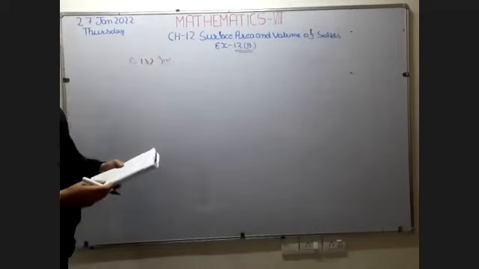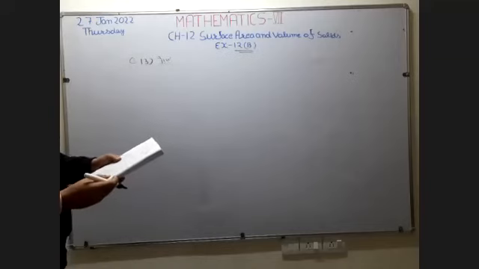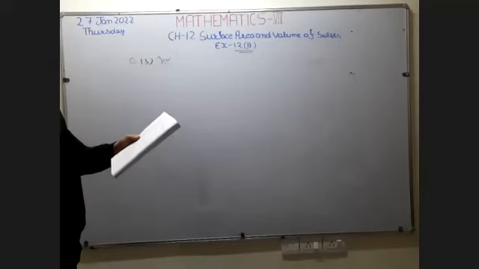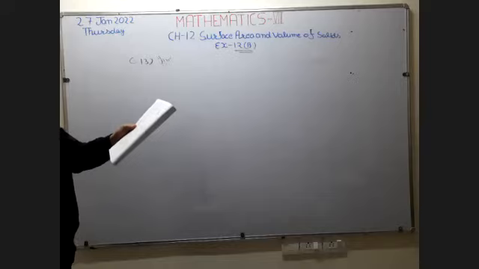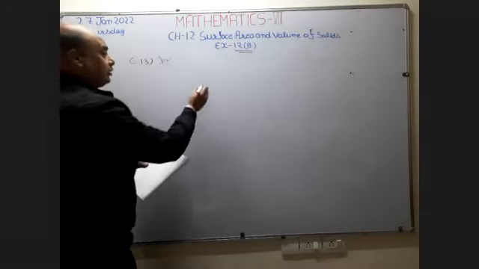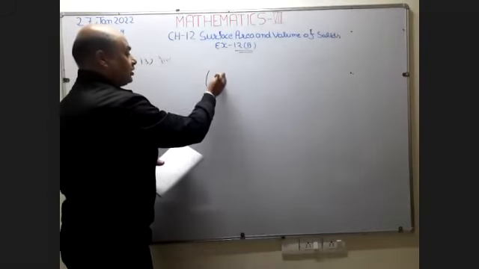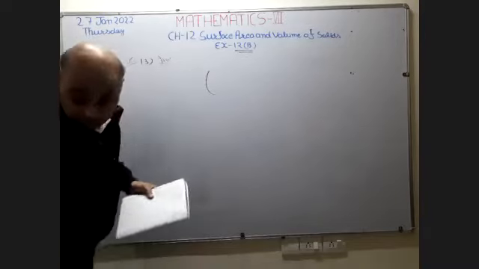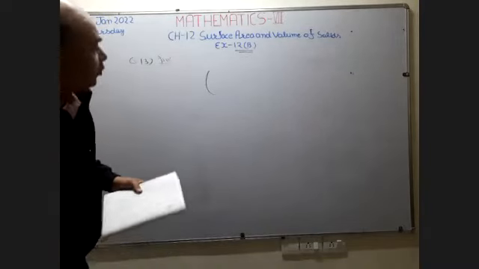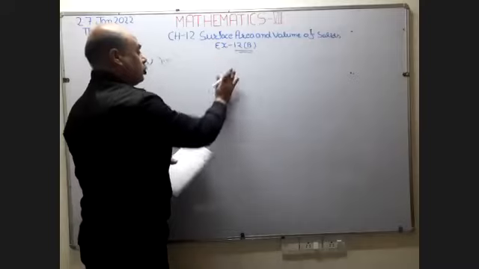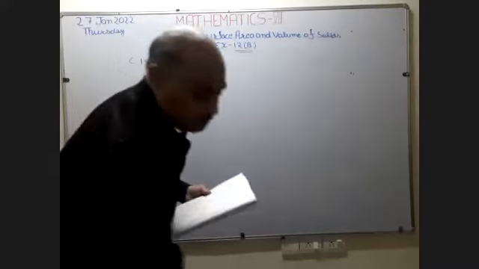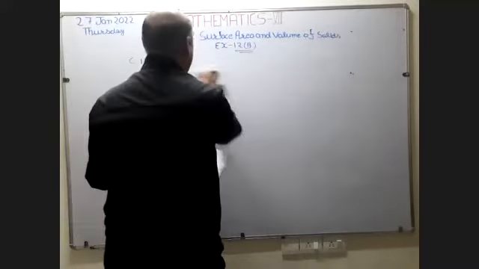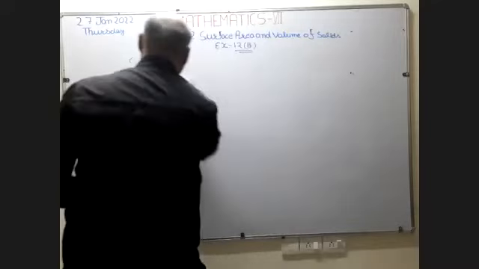Now check what is given in your question. A cylindrical tube open at both the ends. One tube is there. Now who will tell what is the shape of the tube? My question is, what is the shape of the tube?